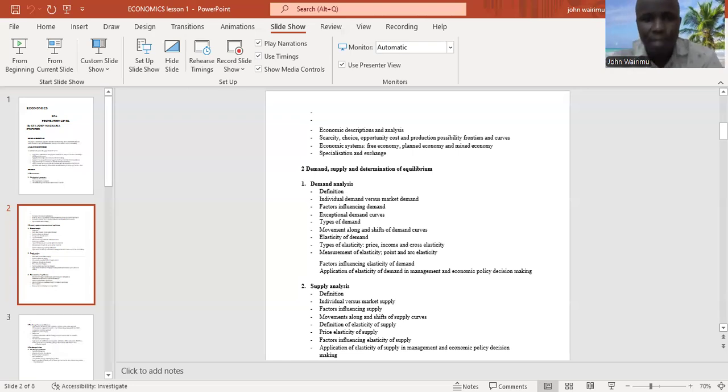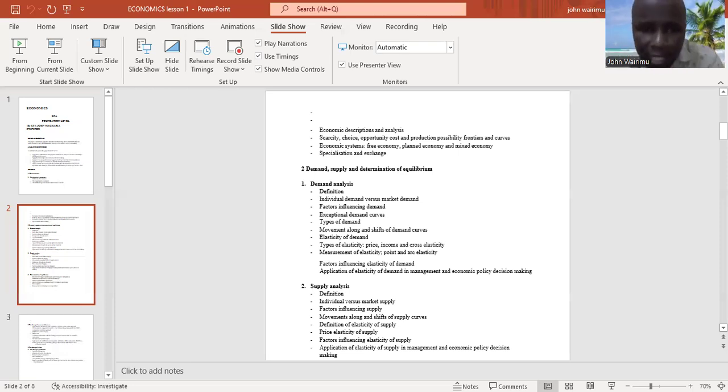We look at the definition of demand, individual demand versus market demand, factors influencing demand, exceptional demand curve, types of demand, movement along and shift of demand curve, elasticity of demand, types of elasticity, price, income, and cross elasticity. We shall also look at measurement of elasticity, point and arc elasticity. Finally, we look at factors influencing elasticity of demand. So this is the second topic, first subtopic.